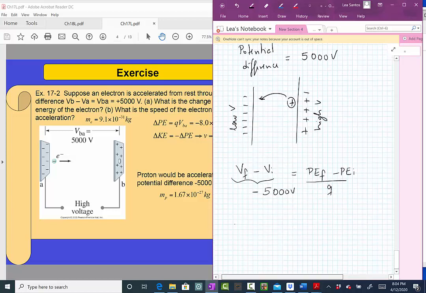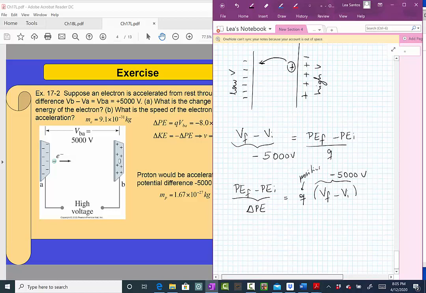So if we want to find the change in potential energy, which we can also write as delta potential energy, this is going to be Q multiplied by the change in potential. Q in this case is positive, and this potential difference for the proton, the final minus the initial, is a minus value, minus 5,000 volts.